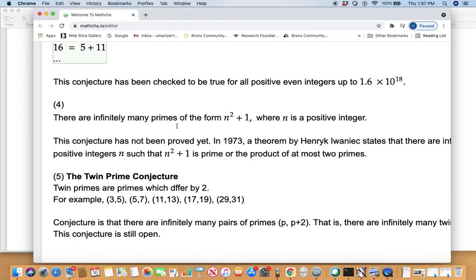All right. Here is another beautiful conjecture. There are infinitely many primes of the form n squared plus 1, where n is a positive integer. This conjecture has not been proved. Okay? N squared plus 1, where n is a positive integer.